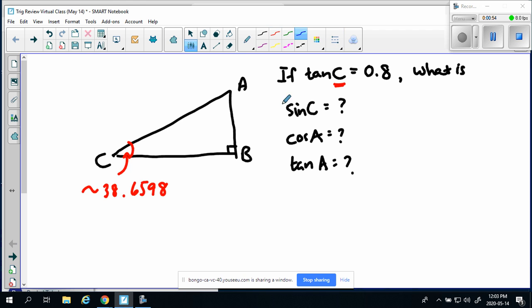But what if they asked for exact values? The moment you only go to 4 decimal places, it is no longer exact. But can we do this using exact values? Well, to do that, you're going to have to take a different approach. Tan of C is supposed to be the opposite over the adjacent. We don't have those values.